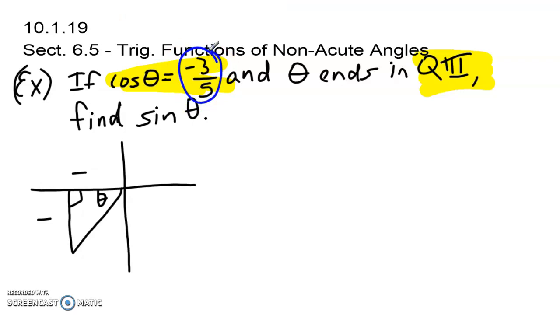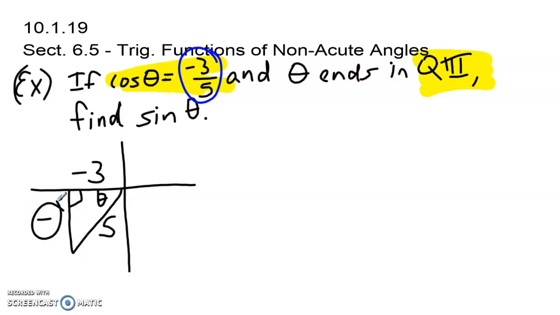Cosine is what over what? Adjacent over hypotenuse, or x over r, correct? So our x value is going to be 3, or negative 3 actually, and then r is 5. So we need to find out what this is, correct?